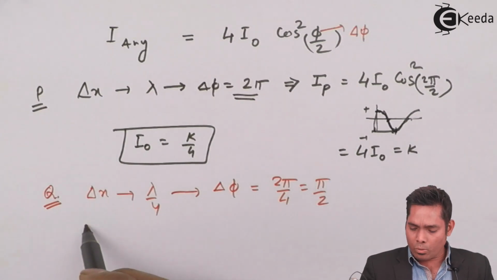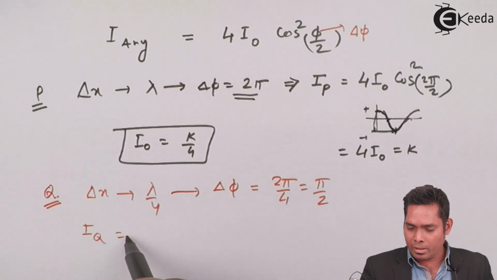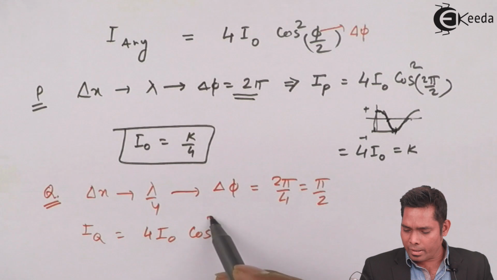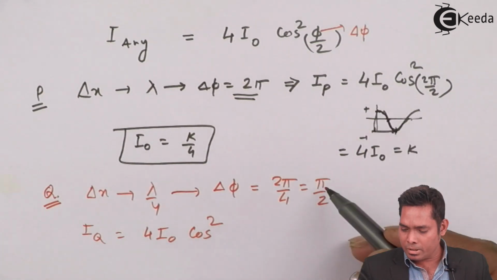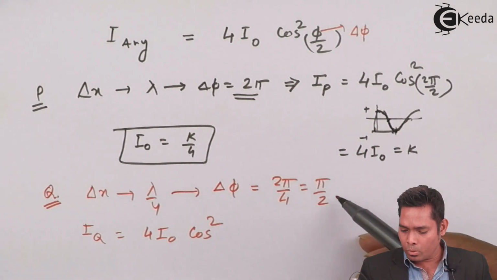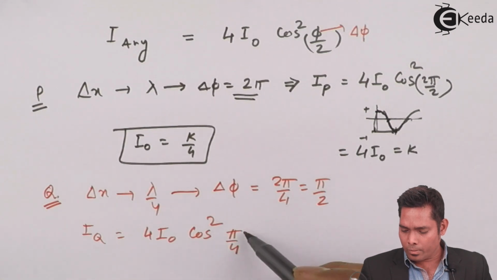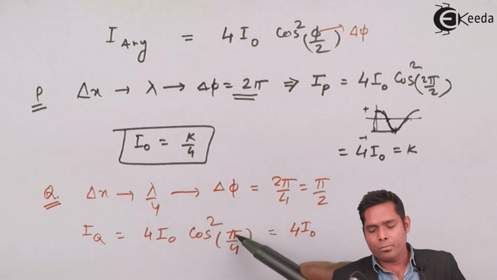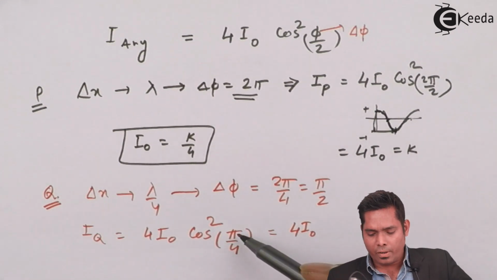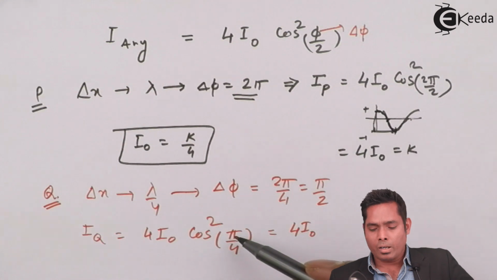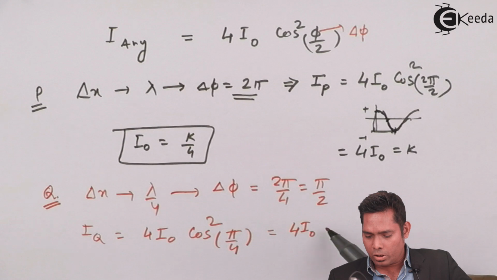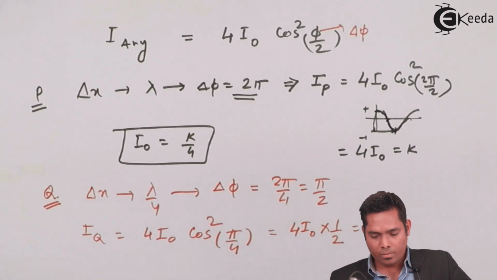So I want to find the intensity at that point, so I'll use the above formula, 4I naught cos square phi by 2, that means pi by 2 divided by 2, so it becomes pi by 4. 4I naught, cos pi by 4 is cos 45 degree, which is 1 over root 2, and if you square it, this is 1 by 2, so this is 2I naught.